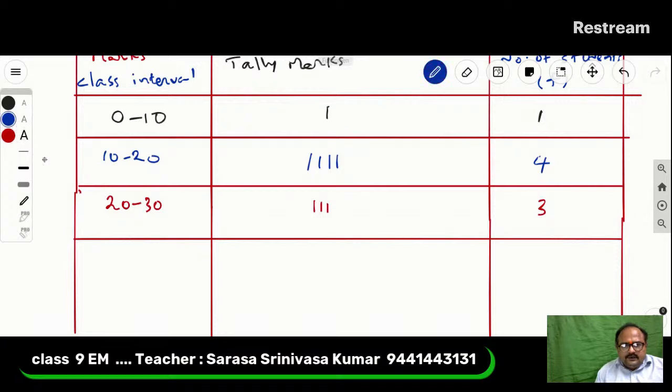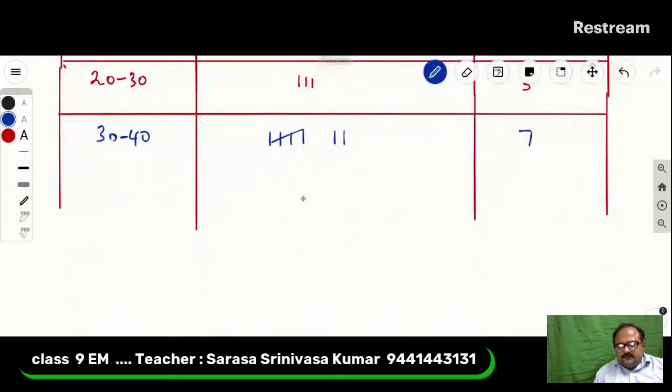Now for the 30 to 40 class interval, there are 7 students. So we write 5 plus 2: 1, 2, 3, 4, 5, 1, 2.